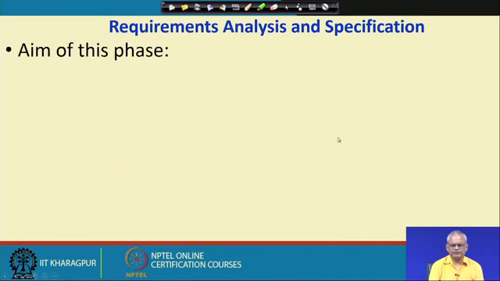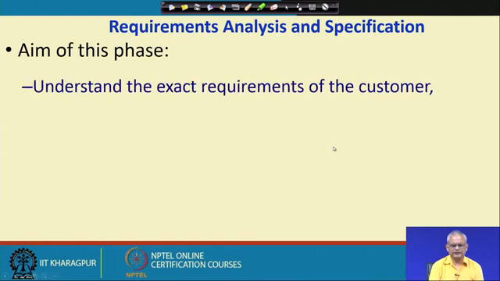The main aim of this phase is to understand the exact requirements of the customer and then analyze the requirements, find out if there are any difficulties or problems in the requirements, eliminate all the problems, and then document this properly.